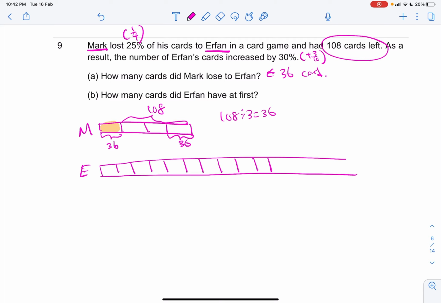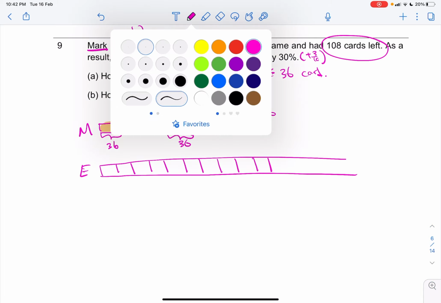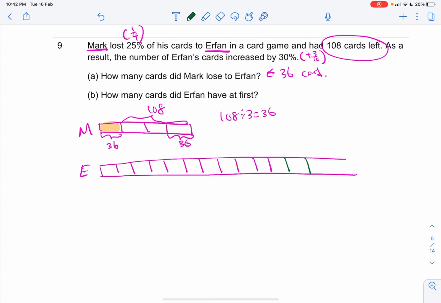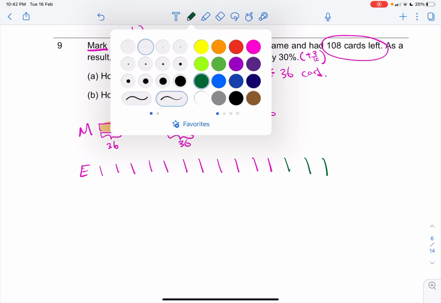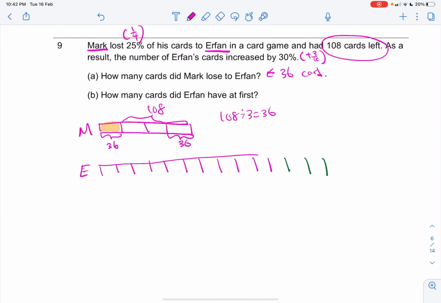And then he added 3 more units. So I'm going to use another color, which is green: 1, 2, 3. So this is the excess. I'm going to draw them again, like this. So this is 10 units.